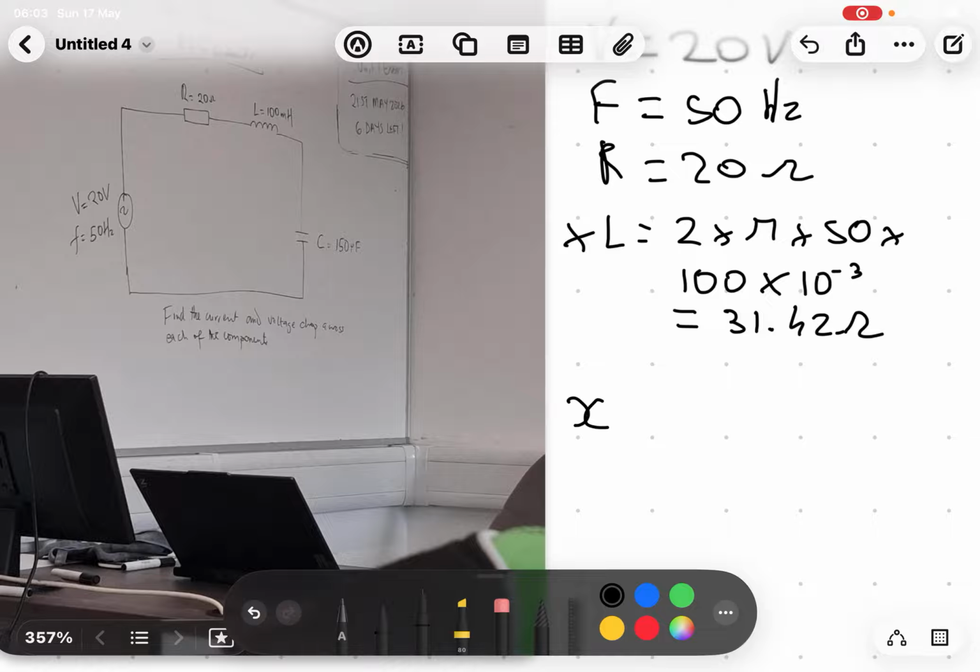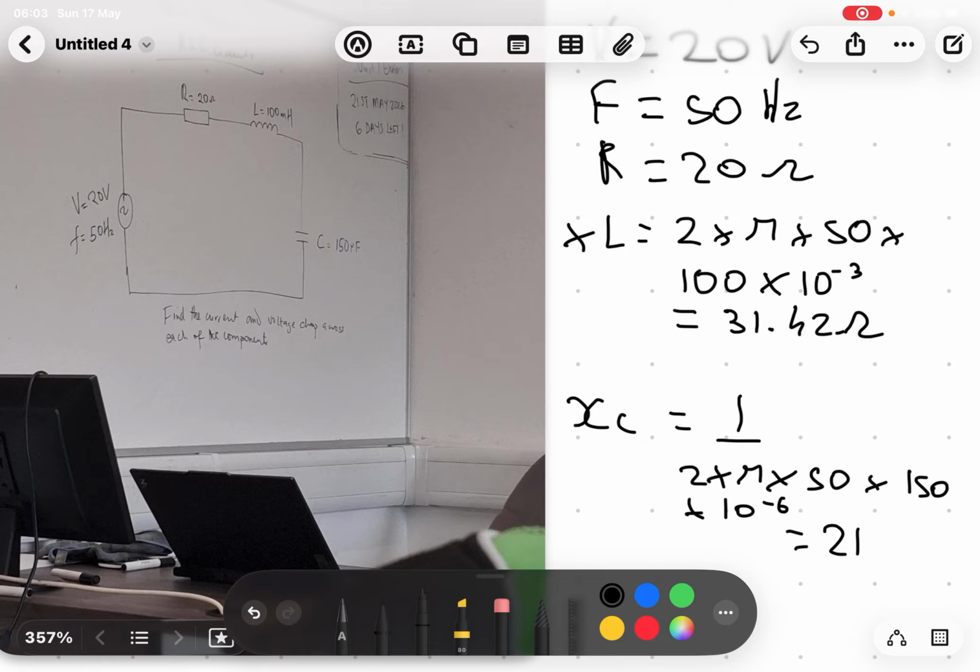So XC equals 1 over 2 pi times 50 times 150 times 10 to the power of minus 6, and this all equals 21.22 ohms. So whatever you get here, it's over 1.